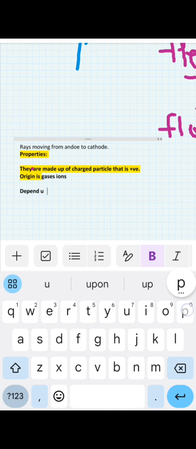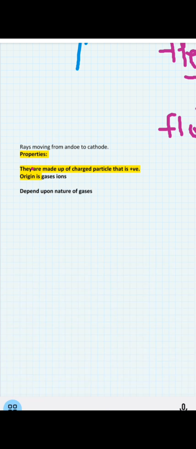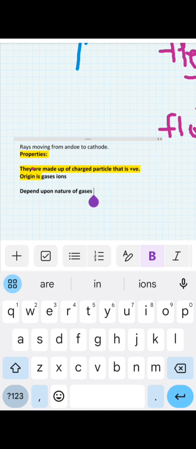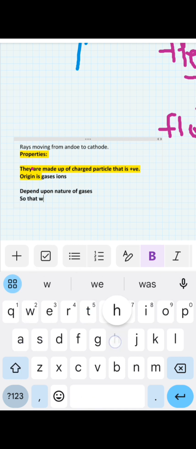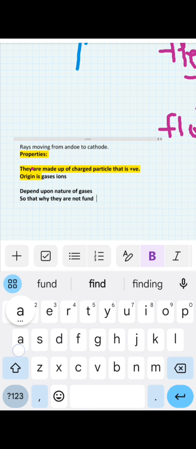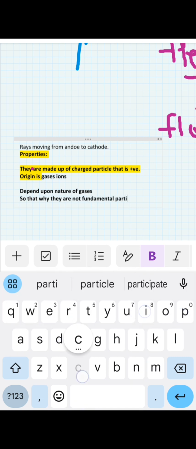However, the electron wasn't dependent upon the nature of gases or anything, but the proton depends upon the nature of gases. So that's why they are not fundamental particles.